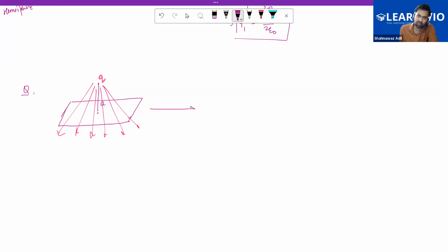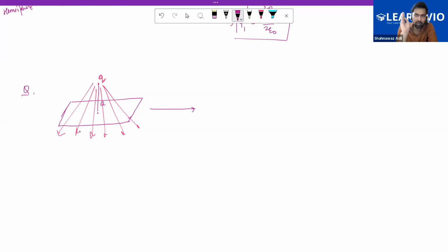Let's say you have a box with one side open.